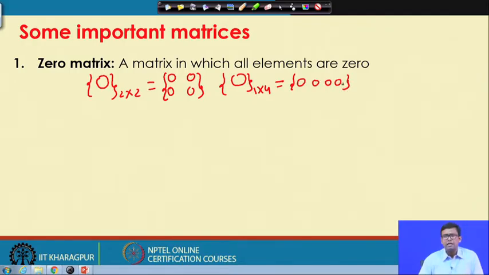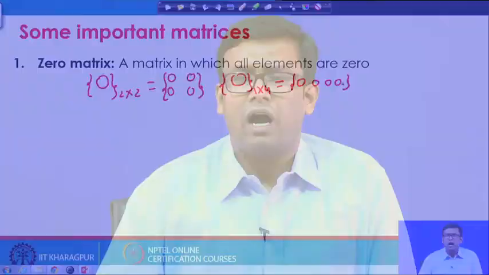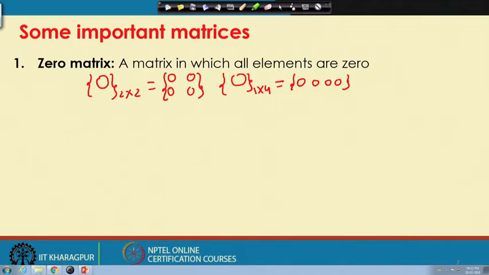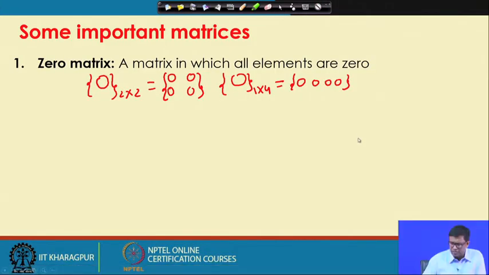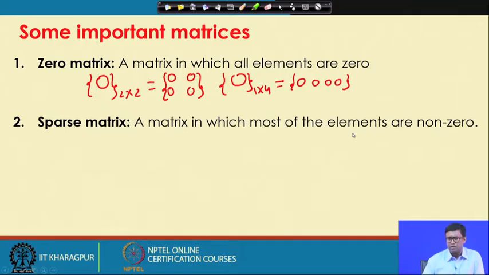A 0 vector in any space will denote the origin, where all the coordinates are 0. So, next is not a 0 vector or 0 matrix, rather a matrix where most of the elements are 0.